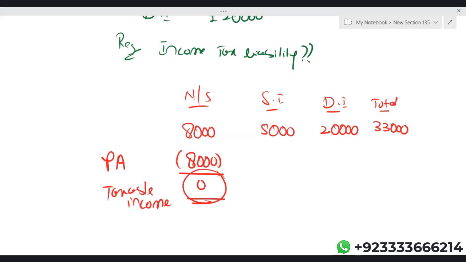Now listen, entire 5,000 of the saving income falls in the starting rate band. Since the entire 5,000 falls in the starting rate band, logically the applicable tax rate is already 0%.